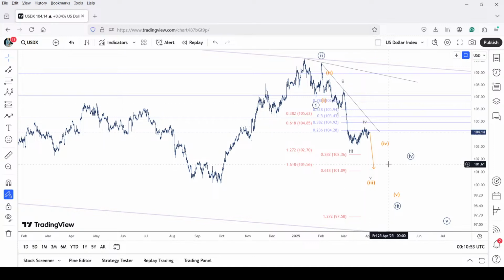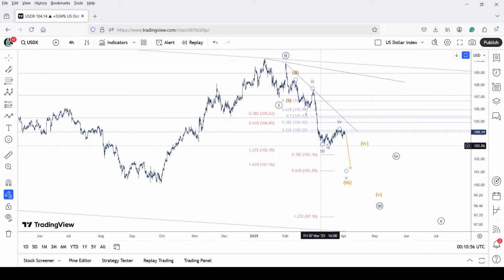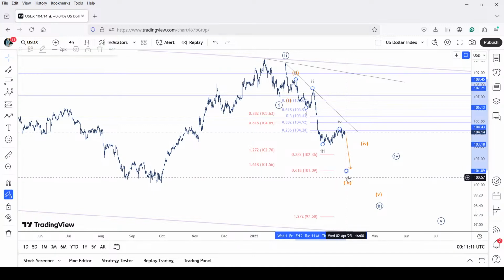All right. So what we have done, what we have presented, if it is correctly done, then we are towards 100 levels, 101 level to be precise, where the sub-minute wave 5 is expected to terminate.